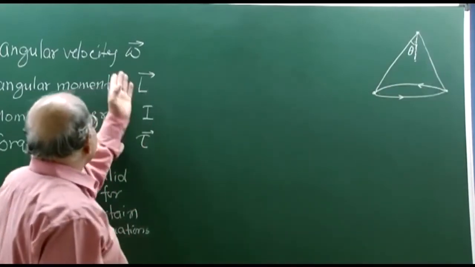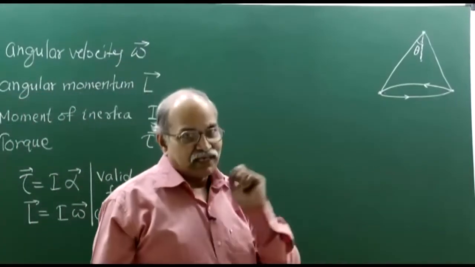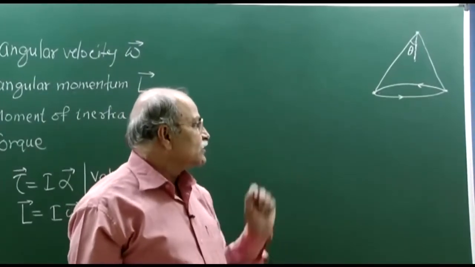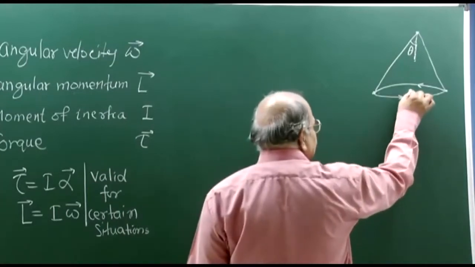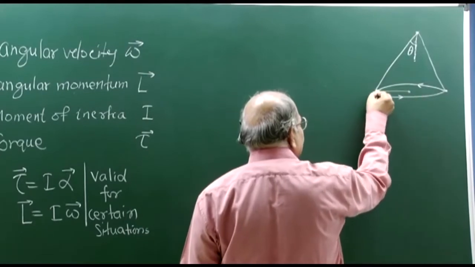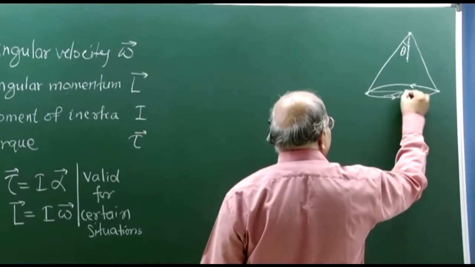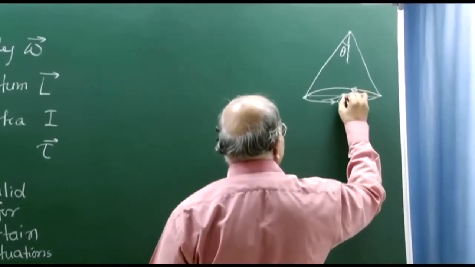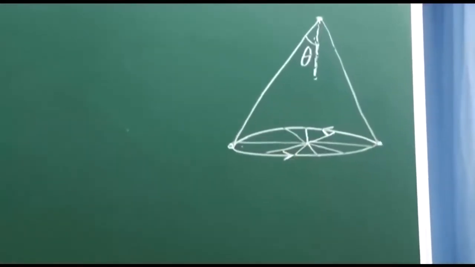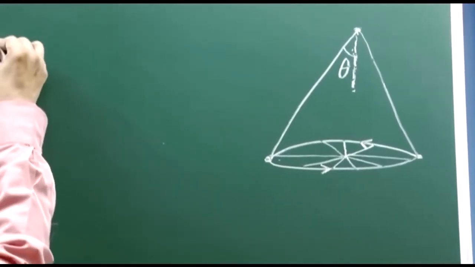So, first let us see what the angular velocity omega is. The magnitude depends on how fast I am moving it. In one rotation, the angle rotated is 2 pi. So, you can take the center of the circle, and from here you can connect this ball. The ball moves and the angle changes. So, it is going like this in this circle. So, you can ask what is d theta dt or delta theta delta t, that is the magnitude of omega.